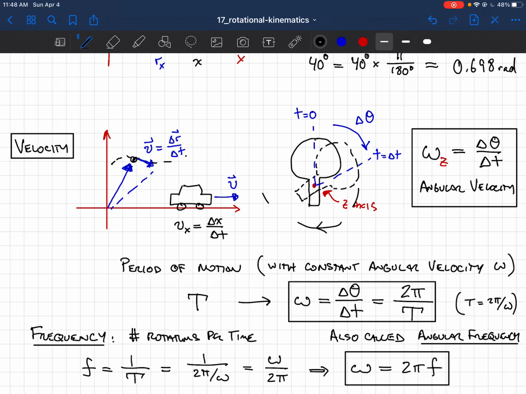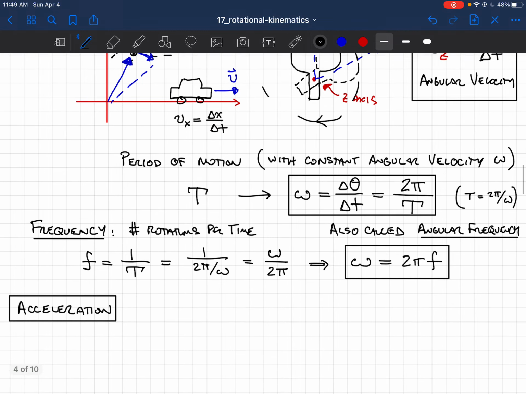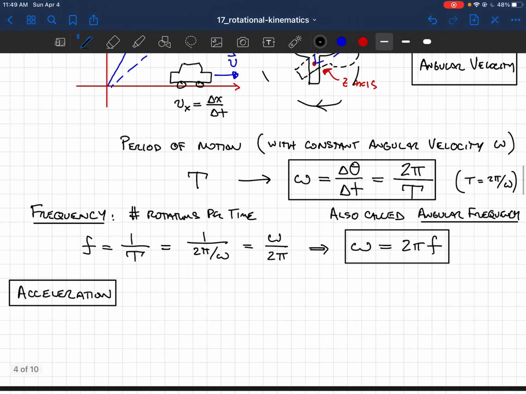If it's speeding up in its rotation, then the amount of time it takes to go around the first time will be longer than the amount of time it takes to go around the second time. But it's good to have this sense about how the angular velocity relates to the period of motion and the frequency.